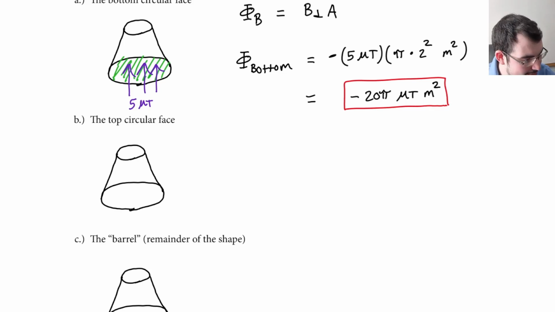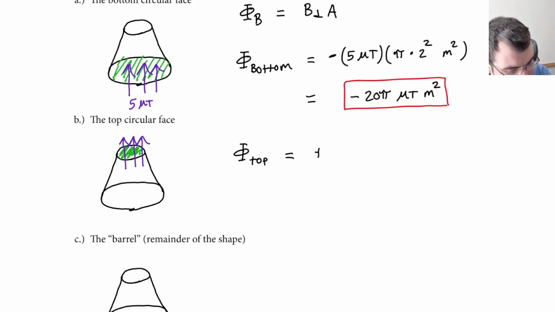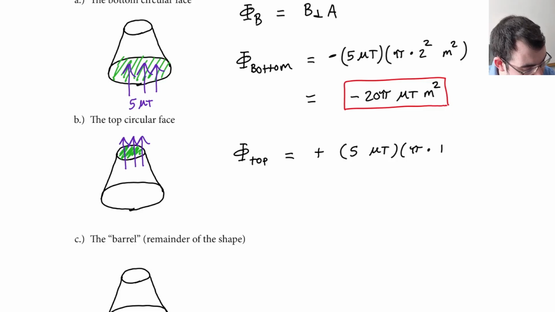All right, what about the top? Well, the top is going to be equivalent. There's just a different radius. So what is going on in the top? Well, it's the same field. It's, of course, the same field, except now we're getting an exit. So phi through the top is equal to positive 5 microtesla times pi times the upper radius, which is 1.